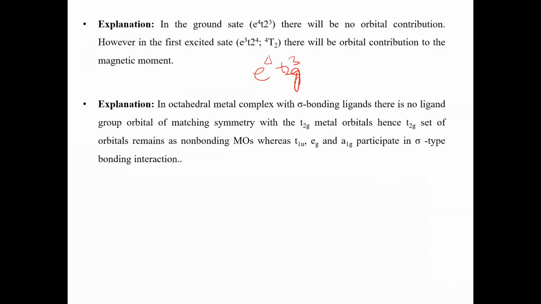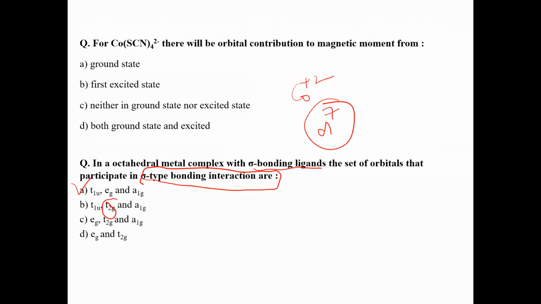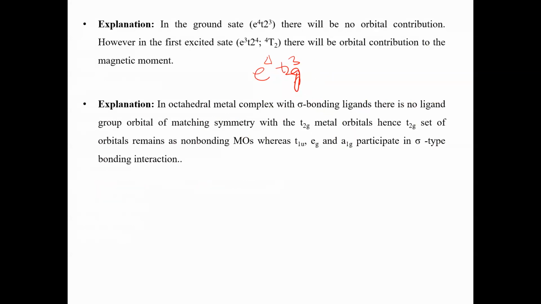But in the first excited state, one electron is transiting from e to t2, so T2 will become an unsymmetric configuration. So there will be orbital contribution to the magnetic moment. So the first excited state will show the orbital contribution.